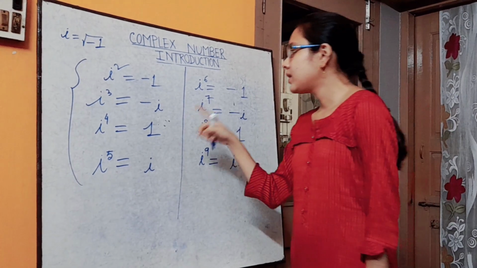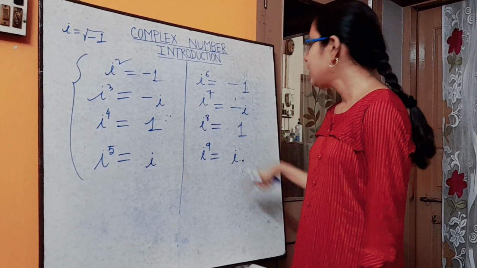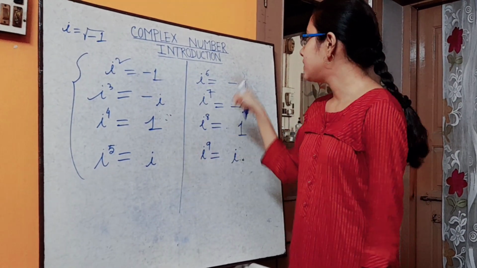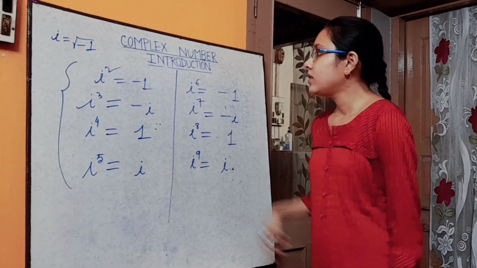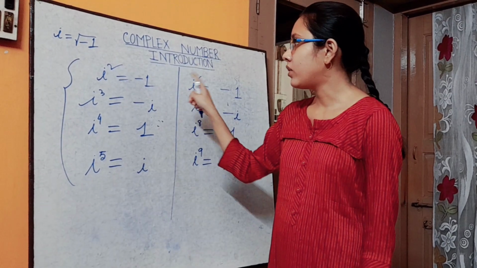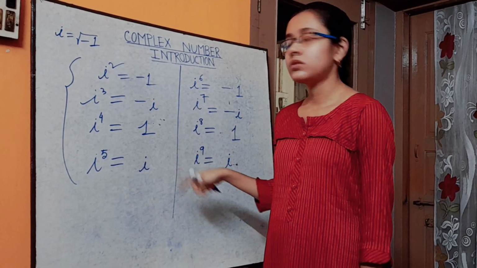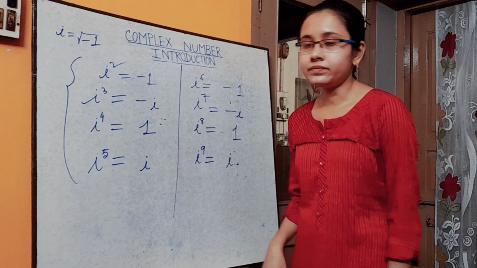So you can see that there is a repetition in the values of positive integral powers of iota. So if possible, you can remember only these 4 values to find other values.